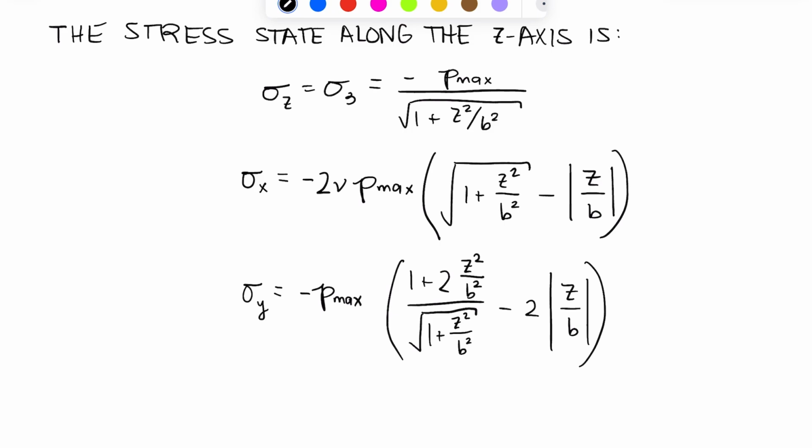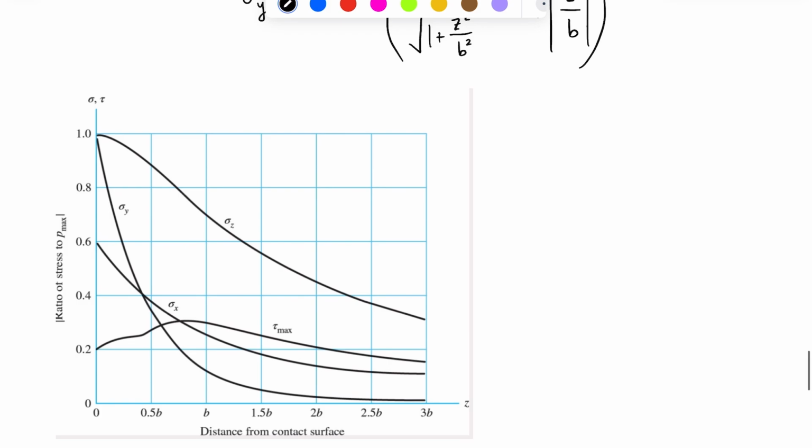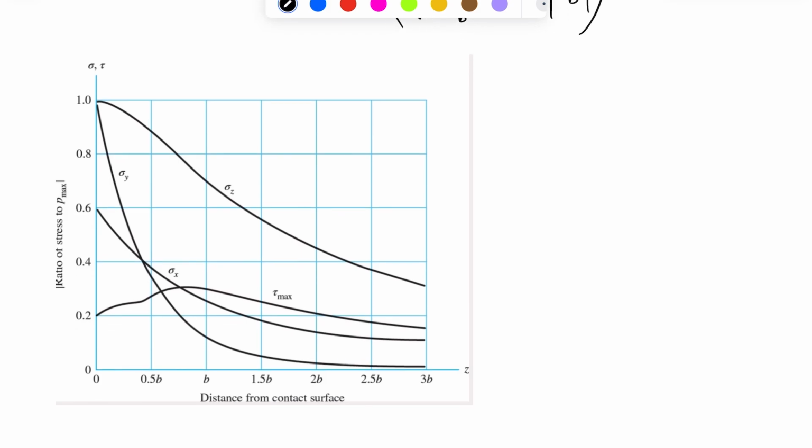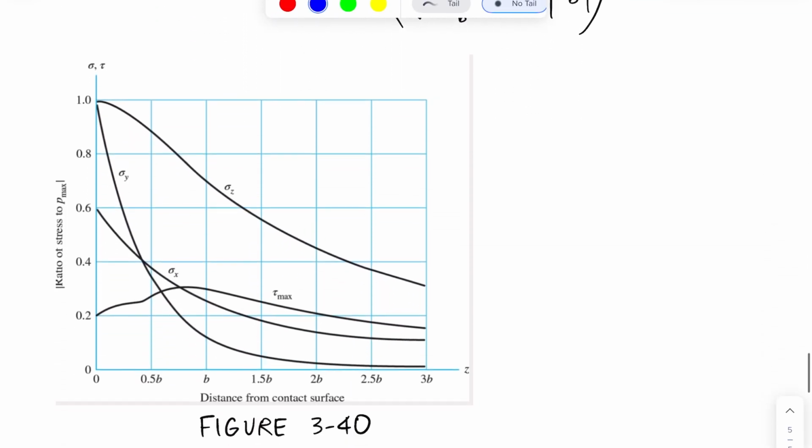So let me pull up that same figure as we looked at for sphere on sphere, and you'll see what I mean. Okay, so here's that figure. This is figure 3-40 in your textbook. And again, we are just plotting the equations that we wrote up here as a function of z, which is the depth into the material.